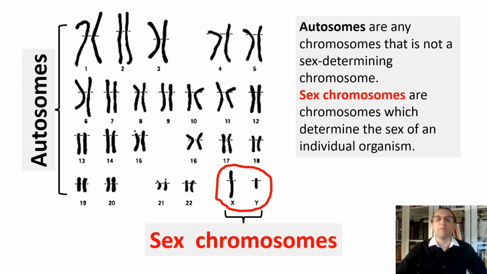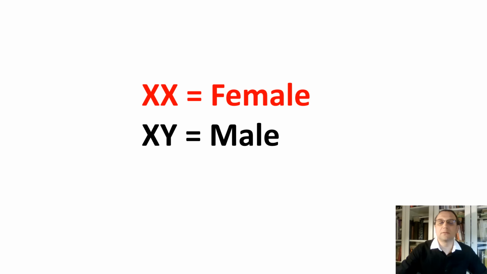You can see one pair of these chromosomes. Each is designated by a letter, X and Y. If you are born with XX chromosomes, biologically you are considered to be a female. If you are born with XY chromosomes, biologically you are considered to be a male.